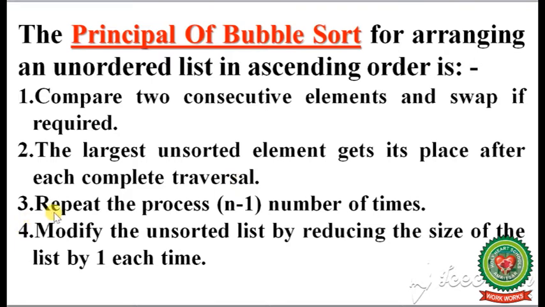Number 3, repeat the process n-1 number of times. N is the size of an array. Number 4, modify the unsorted list by reducing the size of the list by 1 each time. Why do we have to reduce the size of the list? Because after each pass, the element will get its final position.